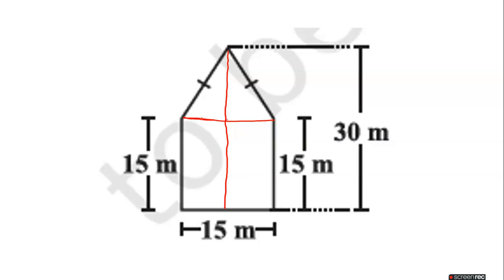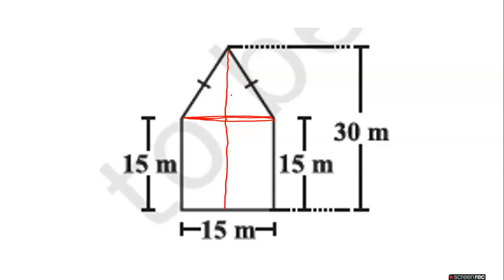Again, let me show you this triangle. This pentagon, actually I should say pentagon, we can divide into two parts. Top side, as you can see, is a triangle, and downside is a square. But this triangle again we can divide into two parts.